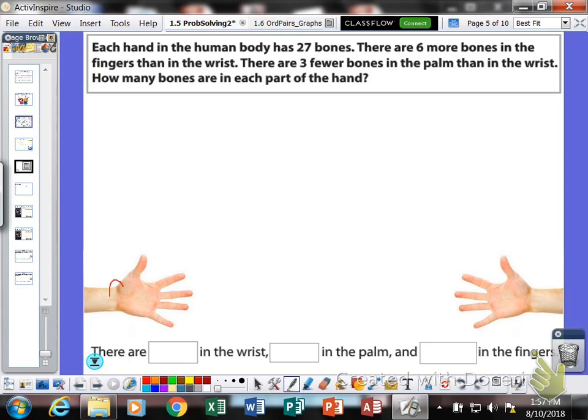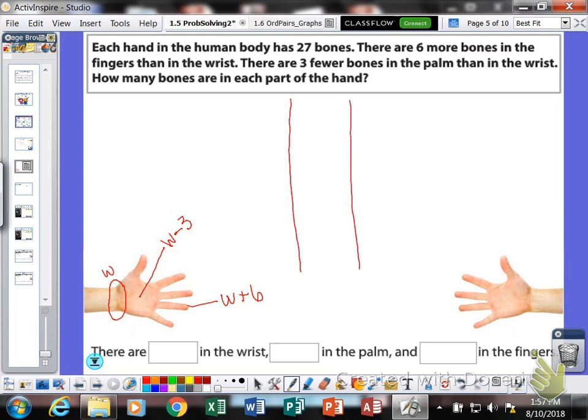I know that there are so many bones in the wrist, so I'm just going to say W. In the palm, it's whatever number's in the wrist minus 3. And in the fingers, it's the wrist plus 6. So knowing that information, I might want to make a table that guesses and checks.